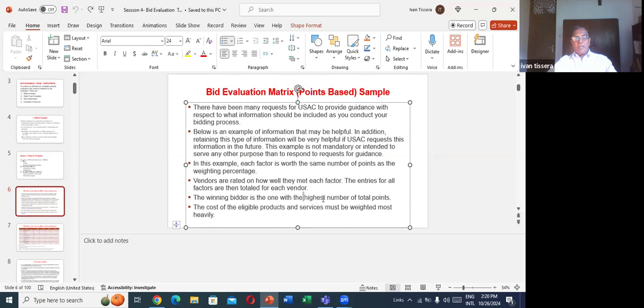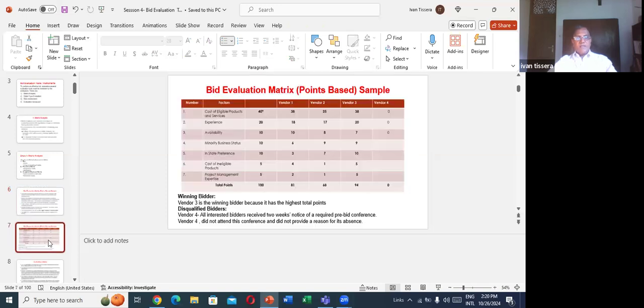That is normally what we understand, the highest number of points or score. The cost of the eligible product and service must be weighted most heavily. The cost is a factor, another one, cost. It must always be given a high weightage, right? So these are the points.